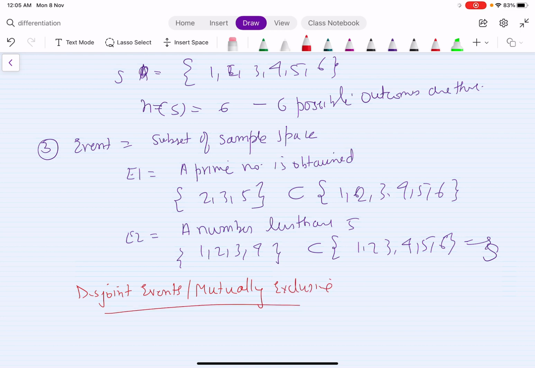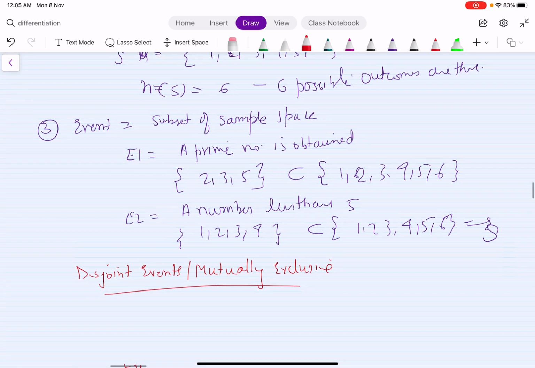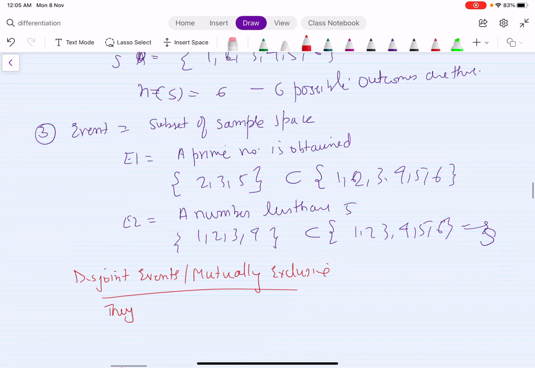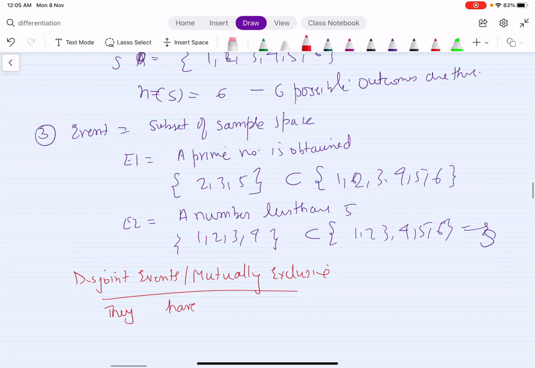This means they have an intersection of phi, that means no common occurrence. The intersection is phi only if there is nothing common between the two events. The occurrence of one event automatically cancels out the occurrence of the other event.